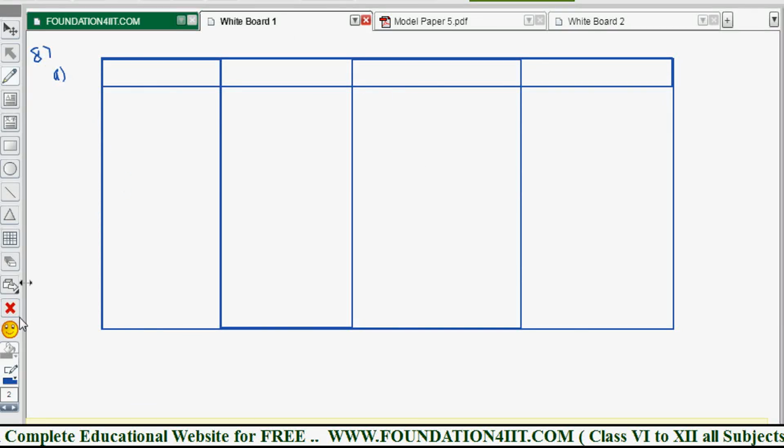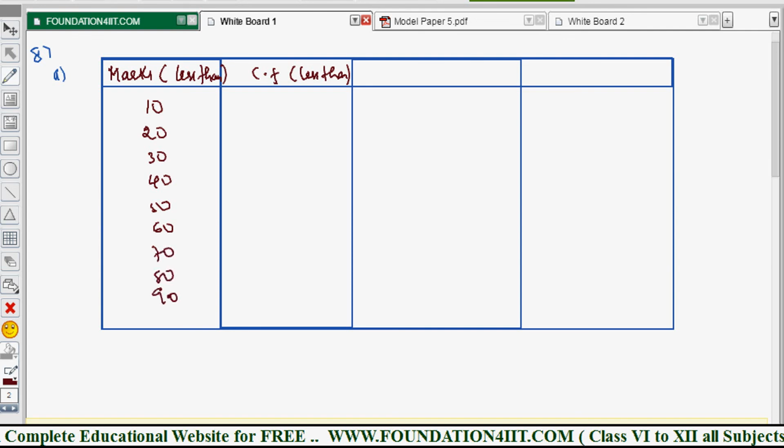First, the marks, that is less than, which is already given. Less than is given and the cumulative frequency is also less than, the number of students. So it's 10, 20, 30, 40, 50, 60, 70, 80, 90 and 100.